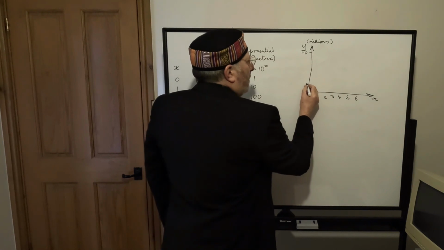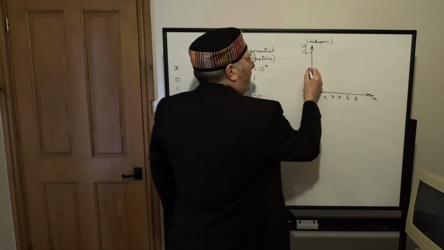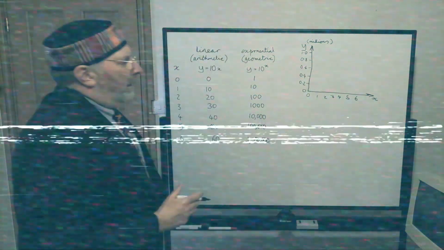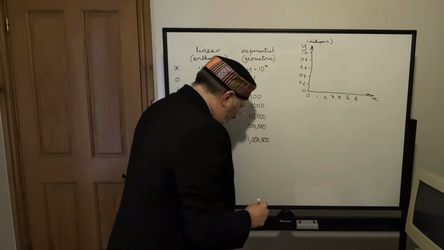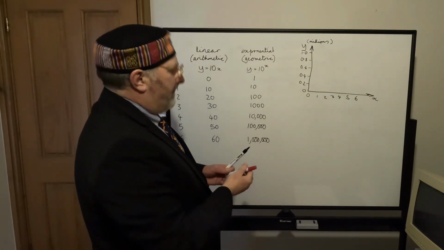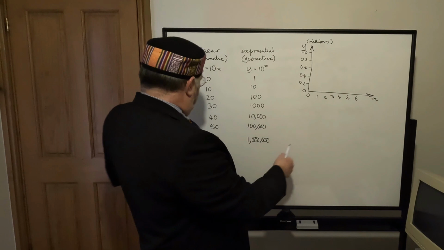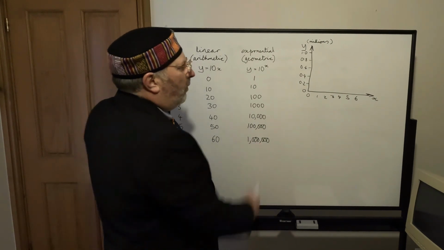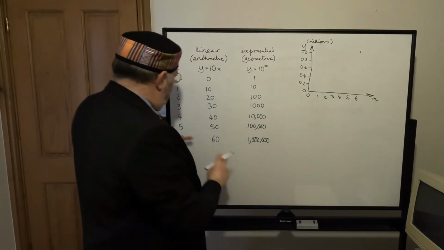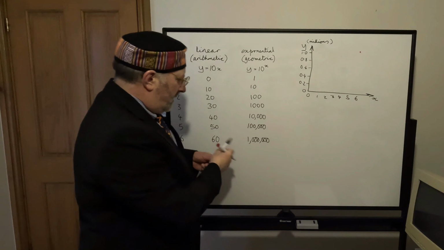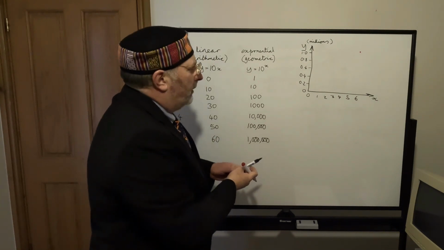So we can go 0.2, 0.4, 0.6, 0.8 millions. So it's easiest if we start up here at 6. So when x is 6, y is 1 million. So we're somewhere up there. And then when x is 5, y is 100,000.